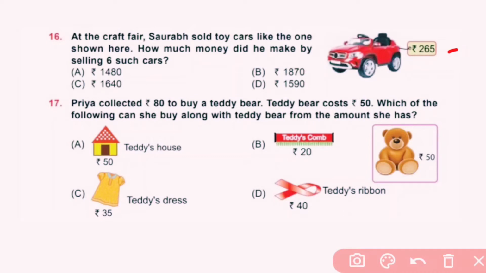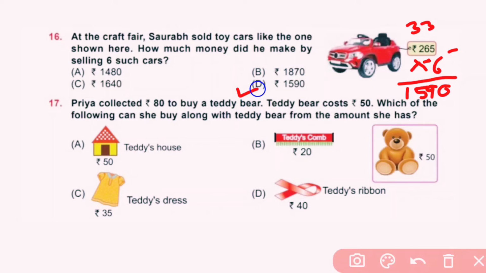So 265 into 6. 6 5s are 30, 3 carry over. 6 6s are 36, 36 and 3 is 39. So 9 here and 3 carry over. 6 2s are 12, 12 plus 3 is 15. So here D is the correct answer.